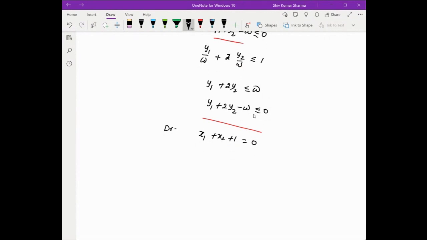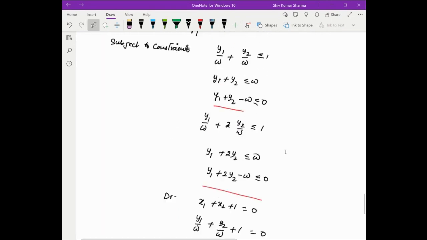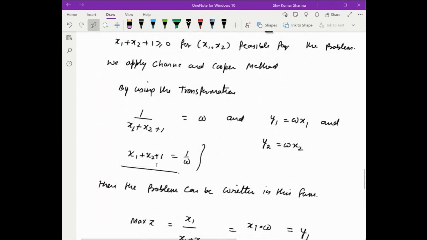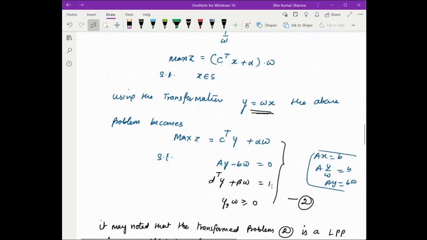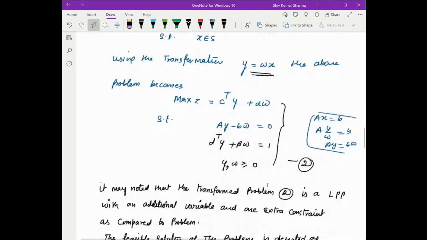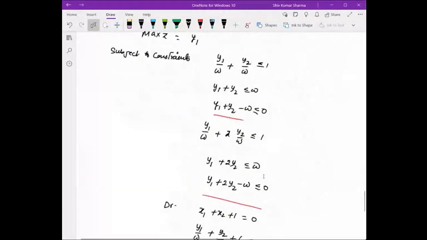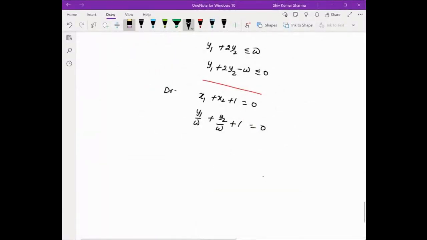So y1 upon omega plus y2 upon omega plus 1 equal to 0. And we put this x1 plus x2 denominator equal to 1.